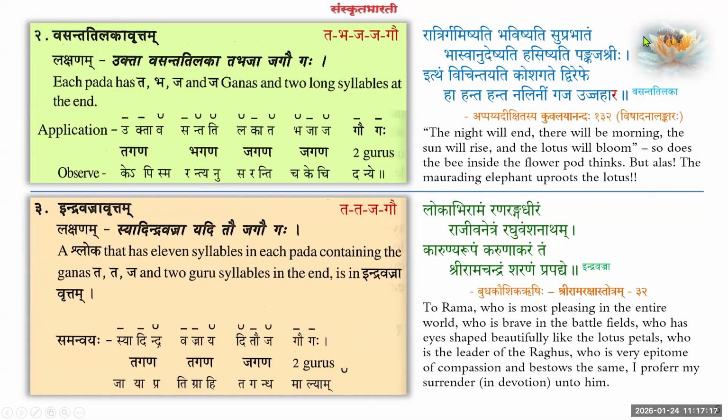Immediately you know, okay, 14, potentially Vasanta Tilaka. You have not been taught anything else with 14 in a pada in the book, so even without worrying about Ta Bha Ja Ja Ga Ga, you may conclude it is Vasanta Tilaka straight away, and you can confirm it if you wish.